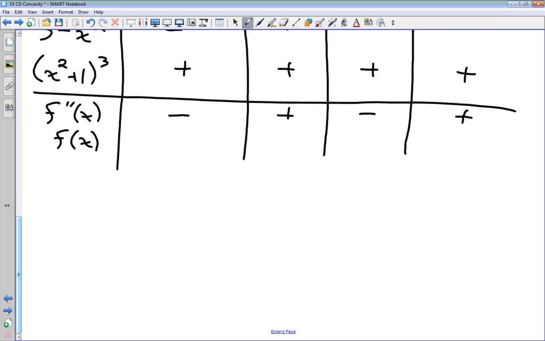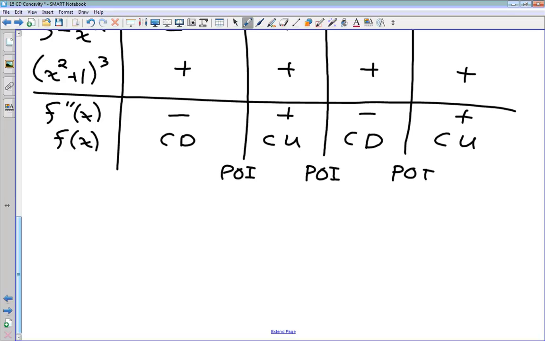So what does that tell me about my original function? Well, if my second derivative is negative, my curve is going to be concave down, then concave up. Second derivative is negative again, concave down, positive again, concave up. So I have 3 points of inflection, where my curve changes from concave down to concave up.